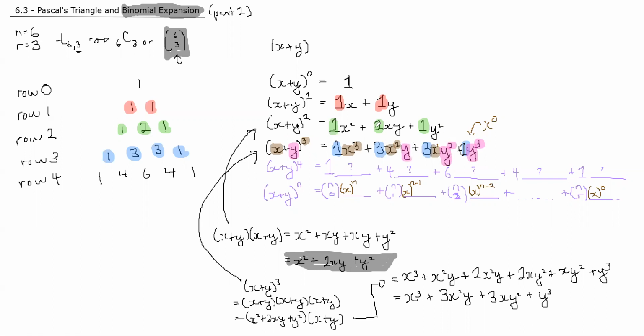And the term before it has y to the power of 0. So long story short, the second term in the binomial starts with an exponent of 0 and counts up. Or you can say the very last term starts with the row number and counts down.